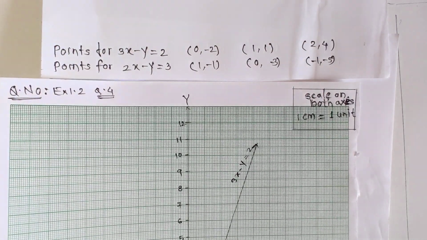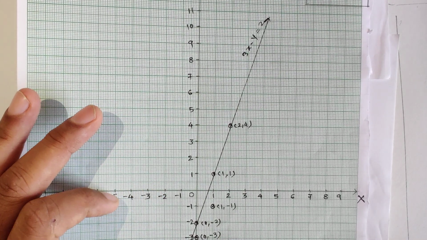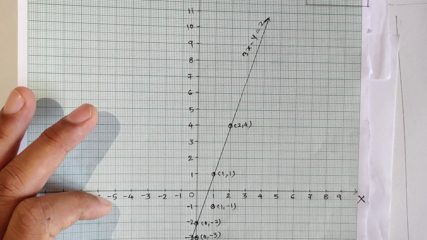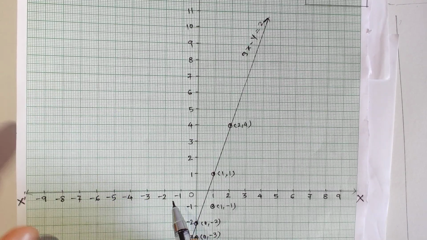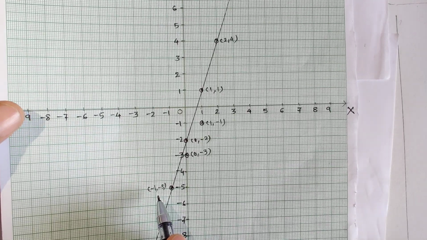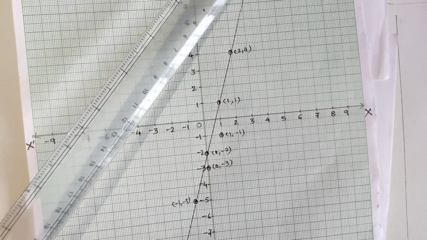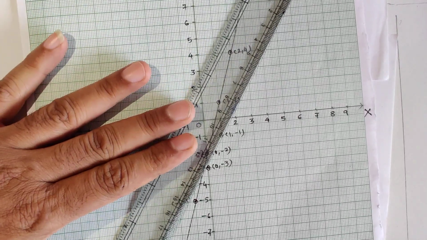And the third one is -1, -5. The x coordinate is -1 and the y coordinate is -5. So draw the line passing through these 3 points.